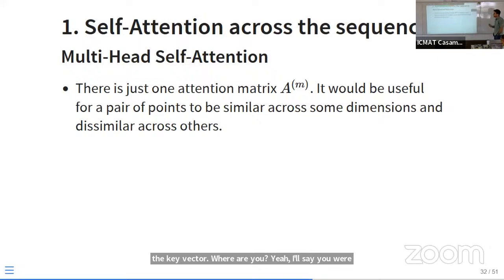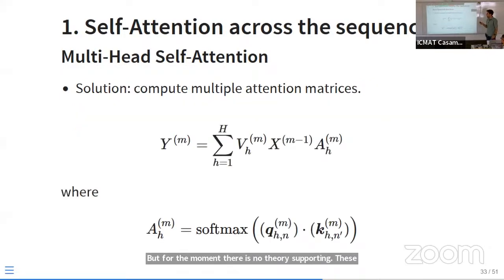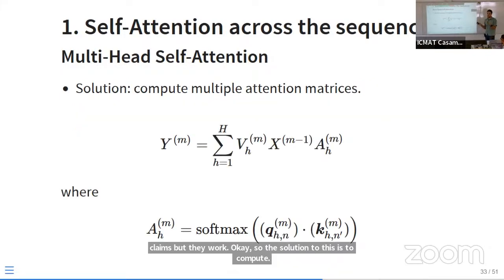The next thing is that what we have considered so far is only one possible attention mechanism. But it would be useful to have, for a pair of points to be similar, an attention mechanism across some dimension, but different across other dimensions. And as I said, this is just intuition that people give, but for the moment, there is no theory supporting these claims, but they work. Okay, so the solution to this is to compute, instead of just one, several attention mechanisms.